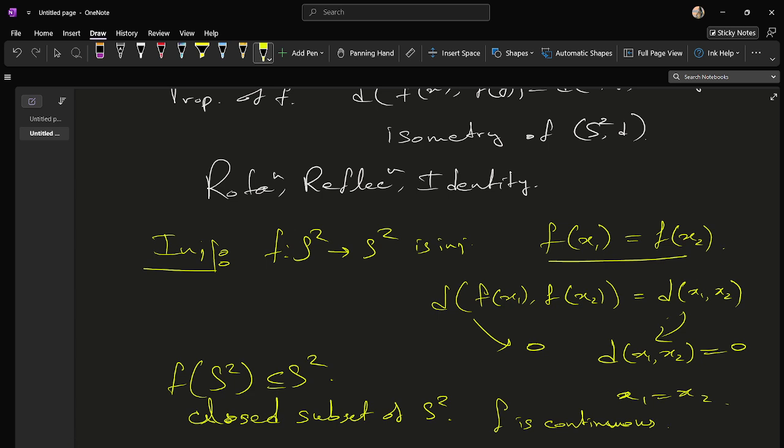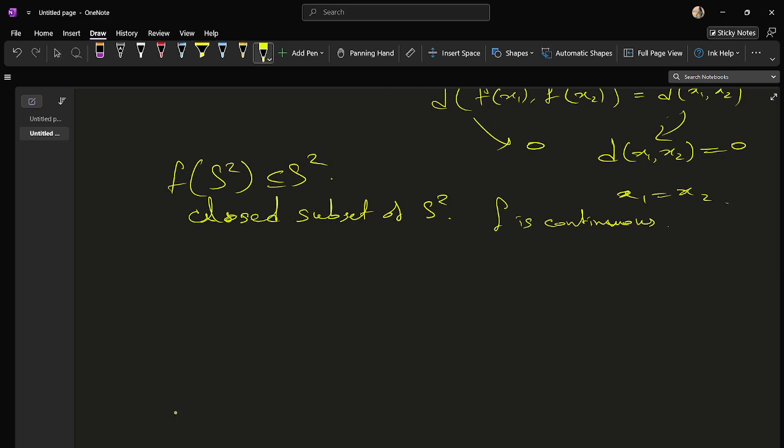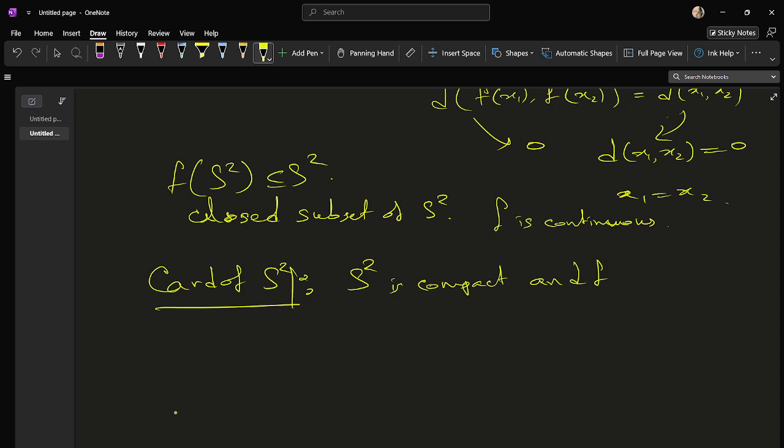Now we are going to see about the cardinality of S2. The sphere S2 is compact and f is injective. Therefore, f maps S2 onto itself bijectively. F maps S2 to S2 and this is bijective as S2 is compact and f is injective.